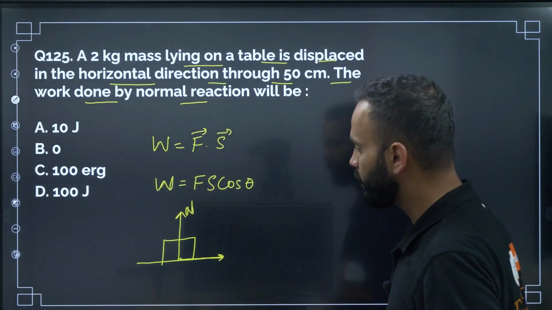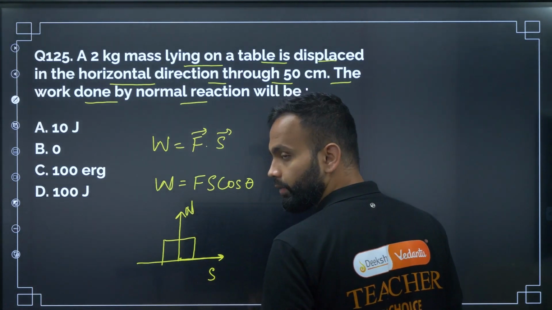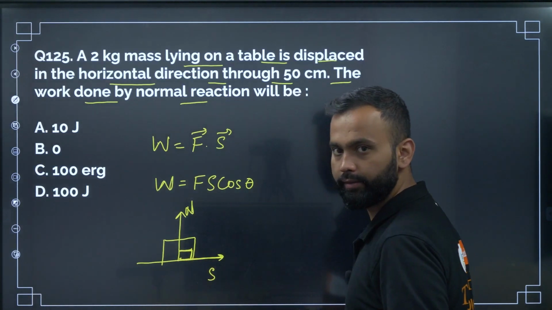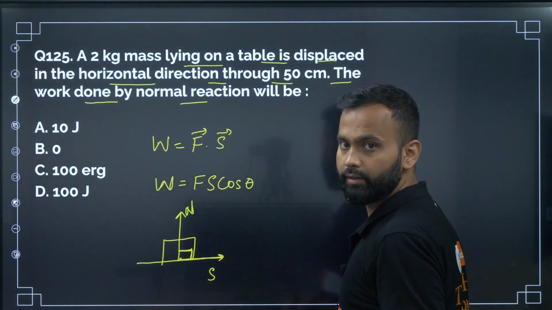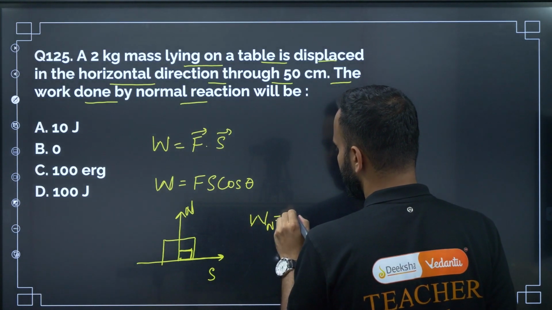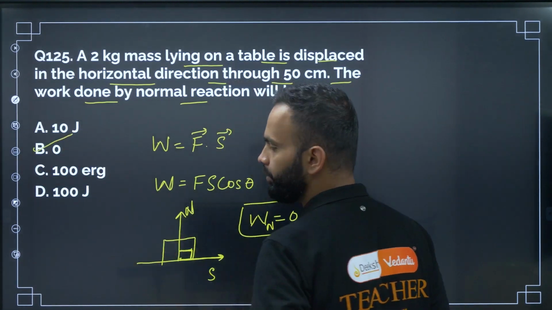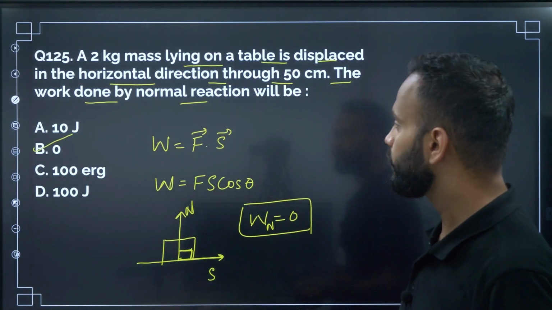Now, what is the angle between force and displacement? Here force and displacement are at 90 degrees, so cos 90 degree is 0. Now, work done by the normal reaction is equal to 0. So the correct option is B. Simple one, direct one.